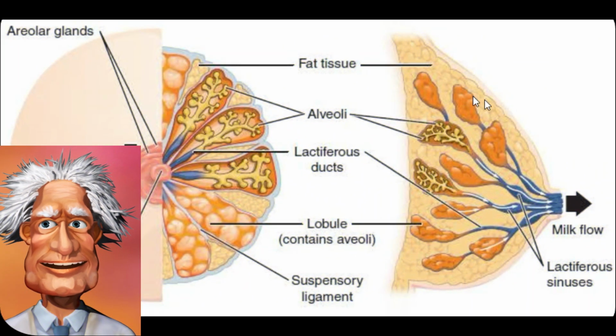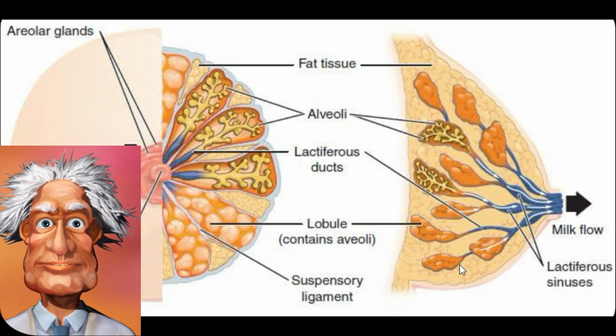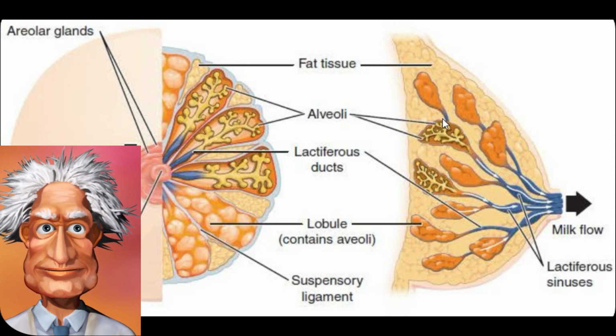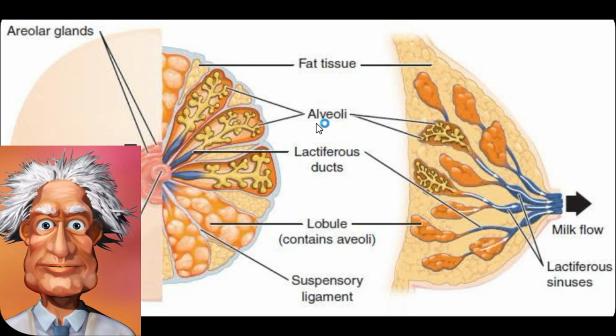Inside it has glandular tissue composed of lobules. Lobules contain clusters of cells, and these clusters of cells are called alveoli. The cells of alveoli produce and secrete milk.